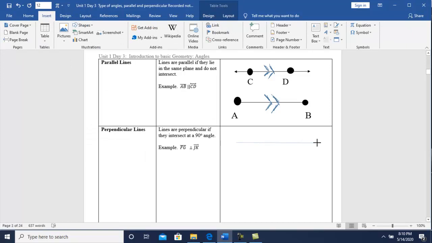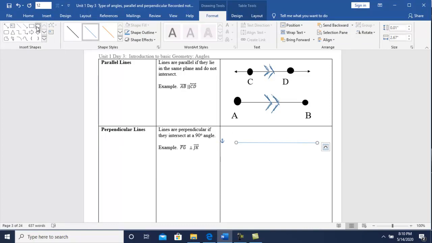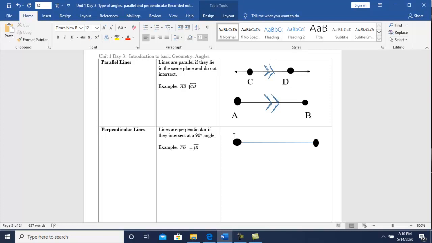We're going to need points, F and G. Here's my first point, and then here's my second. That's a line segment, 2 endpoints. This is F, and then G would be over here.